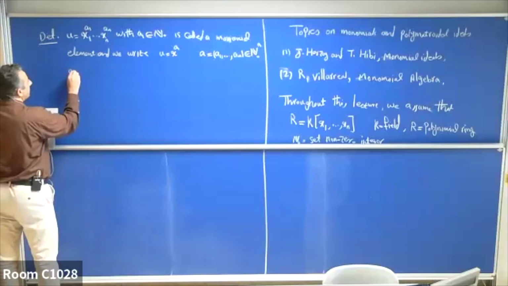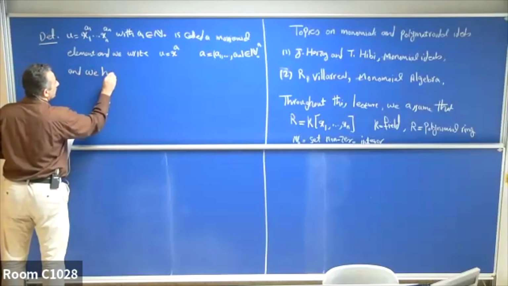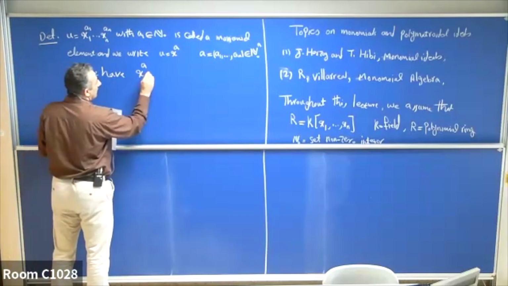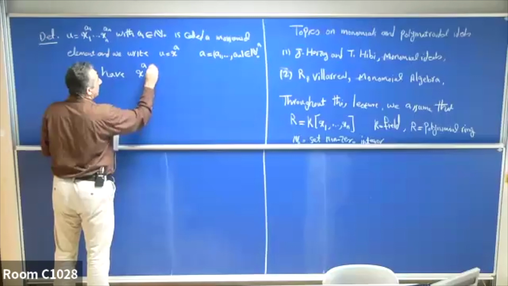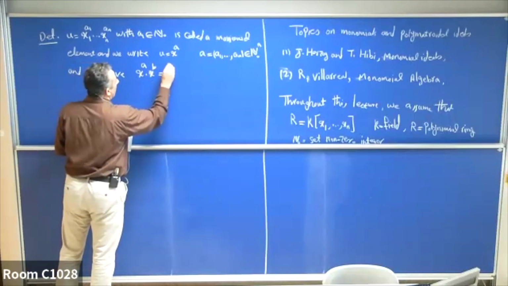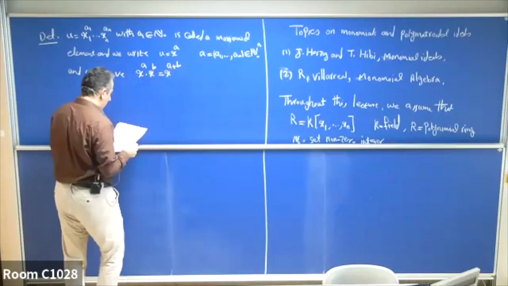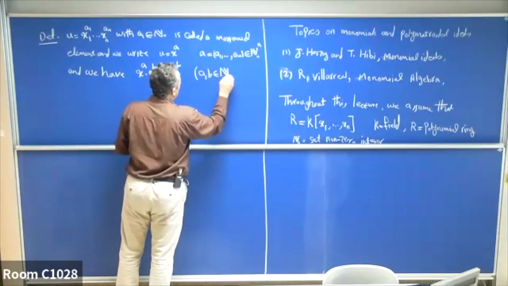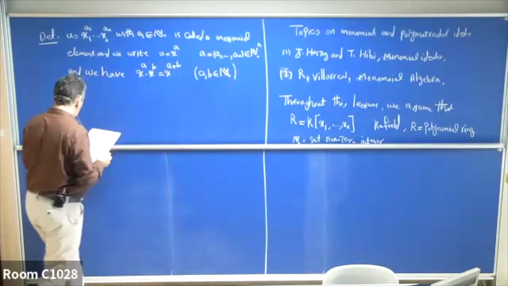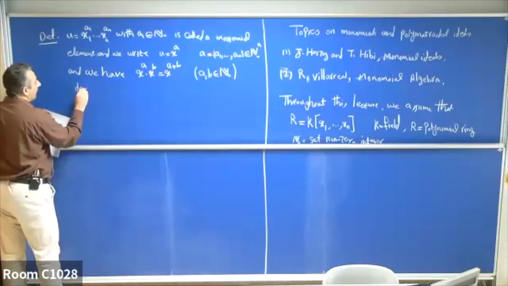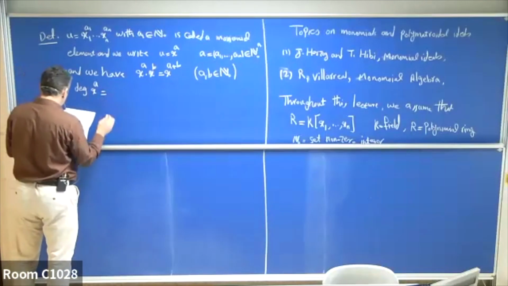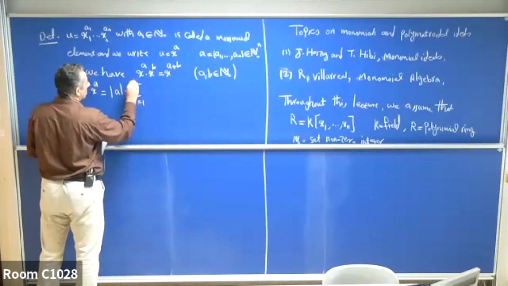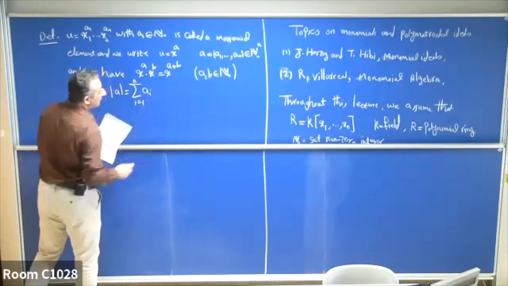And we have x^a times x^b equal to x^(a+b) for all a and b in non-negative integers. Also the degree of x^a is equal to the sum of these numbers.